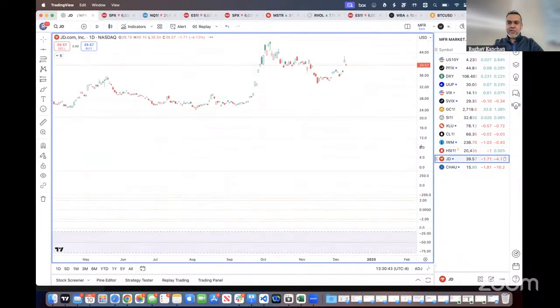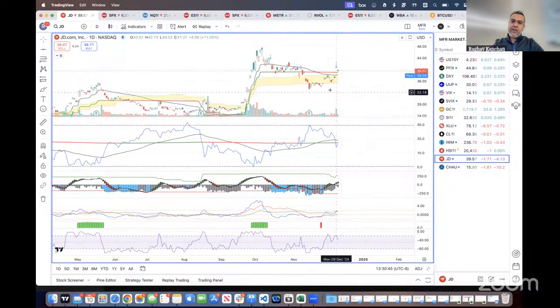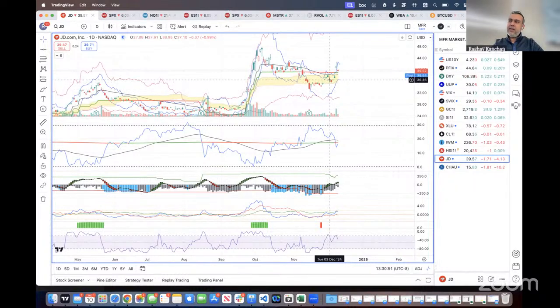And then I posted this about JD about a week back, and JD was looking really good. This is one of these stocks on the China side. There were downside caps, but the upside-downside ratios were not favorable. So it sold off a little bit, and then it didn't even go bearish, and it jumped right away.